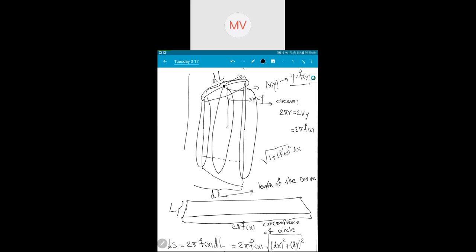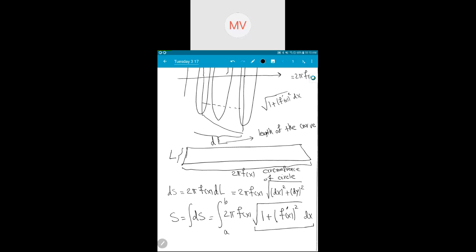Now this rotates about the x-axis. So when it does rotate, it goes around the x-axis with this circumference, right? So you multiply that circumference by that piece of curve at that length, and then you integrate it from a to b. So let me summarize this up there.